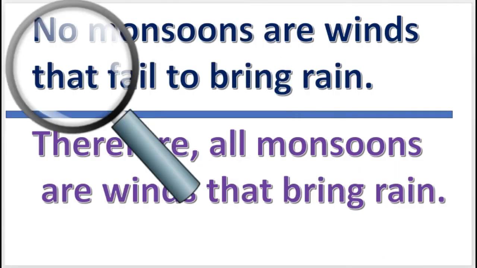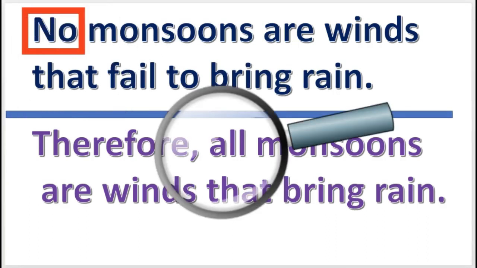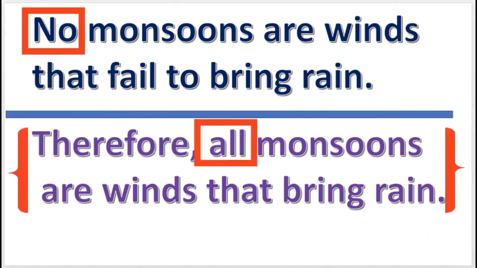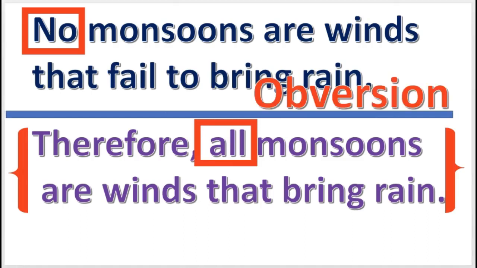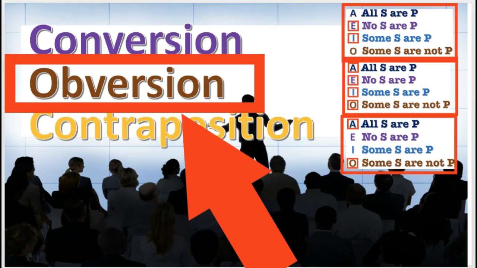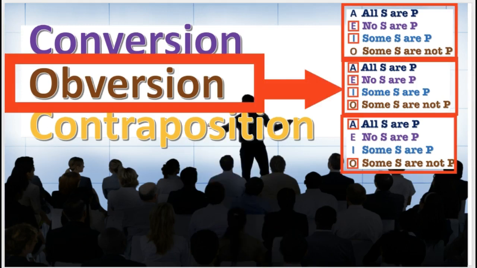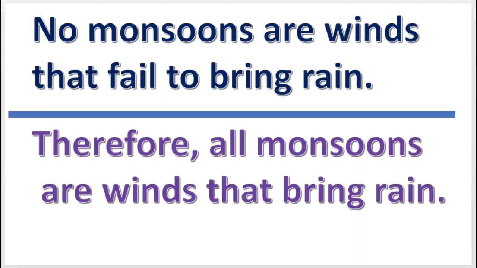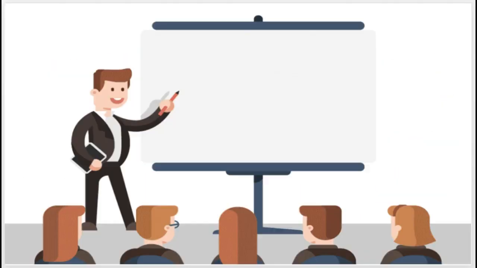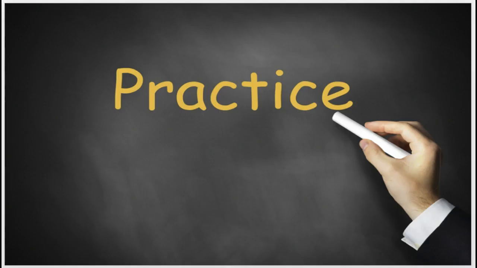Also notice the quantifier of the premise is the word no, and it has been replaced in the conclusion with the word all. So this conclusion was produced by obverting the premise. And remember that obversion gives logically equivalent results for all four types of propositions, so you know that the inference is valid.